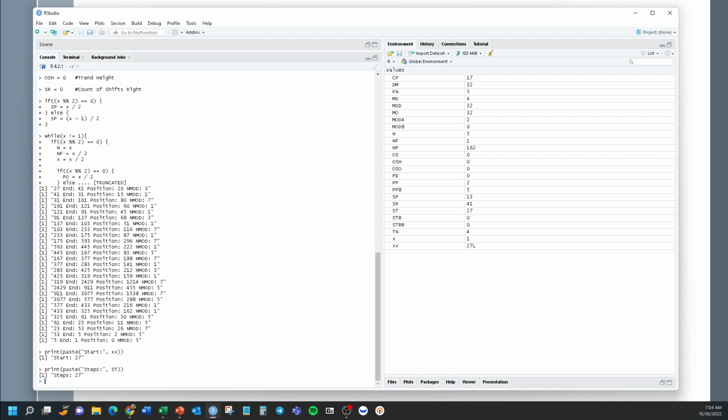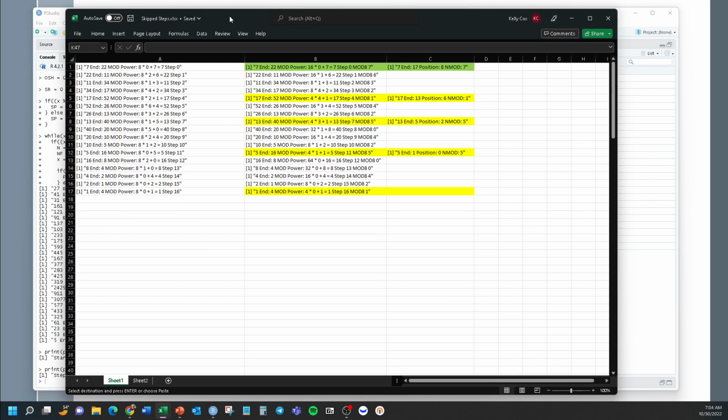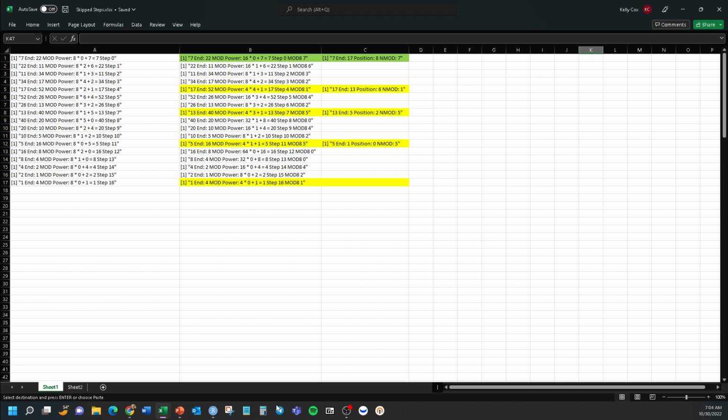So what does that look like? If we look at the number 7, if I just mod 8 that number, you can see on the left there's all the steps, mod 8, what it looks like.